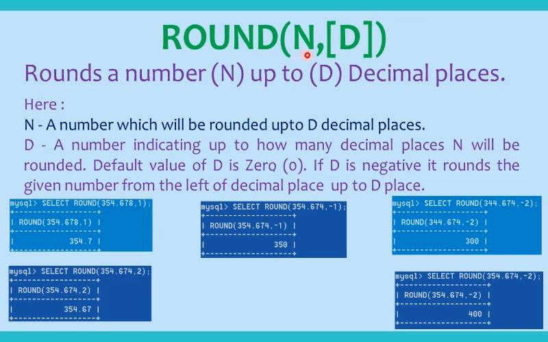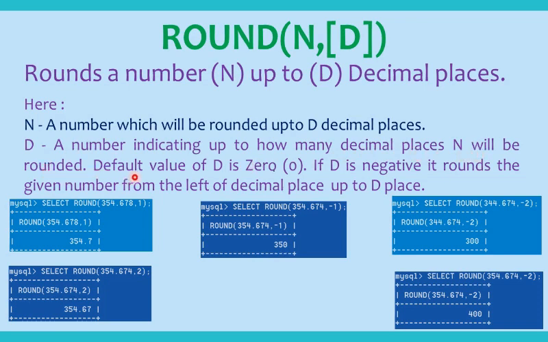Now see what is the meaning of this round n. Rounds a number n up to d decimal places. Means this number n is rounded up to d decimal places. If we leave this d, then it will be rounded up to 0 decimal places. Now see, in this function two parameters are there. n is a number which will be rounded up to d decimal places, and d is a number indicating up to how many decimal places n will be rounded.